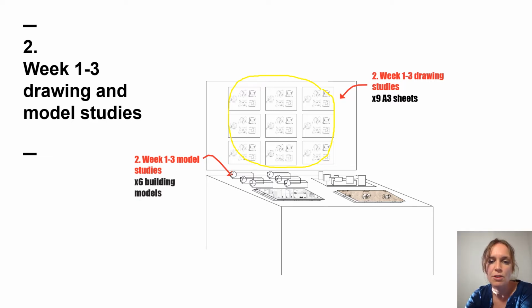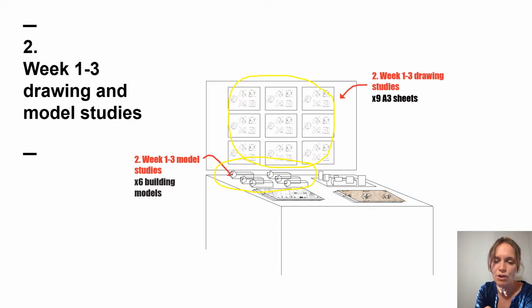The second component, the models, will be placed on plinths on the table, and there should be 6 building models in total. Those models refer to the existing building and then the design proposals that you've had to do in response to that building.